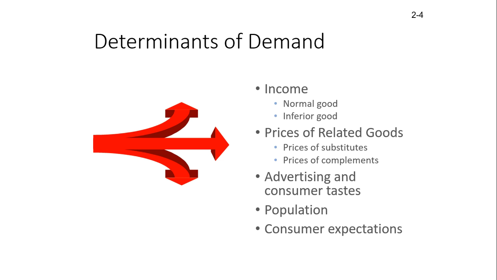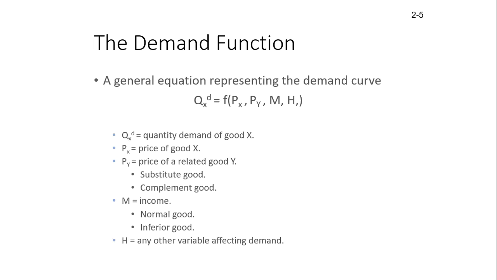What it shows is that QXD, the quantity demanded of good X, where Q is for quantity, D is demanded, and X represents a particular commodity, is a function of these variables that determine the quantity demanded of this particular good.